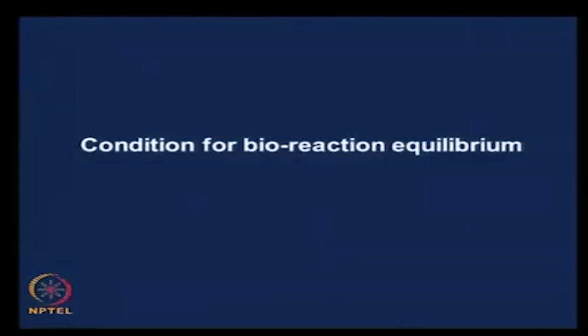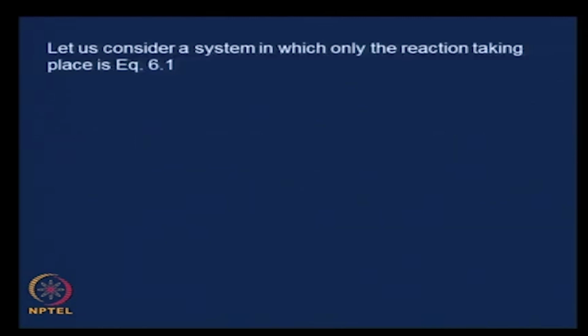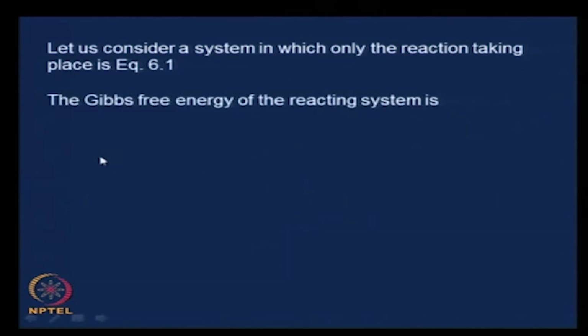Now let us look at the condition for bioreaction equilibrium. Let us consider a system in which the only reaction taking place is equation 6.1, which is 2A plus B giving you 3C. That was the reaction given by 6.1.